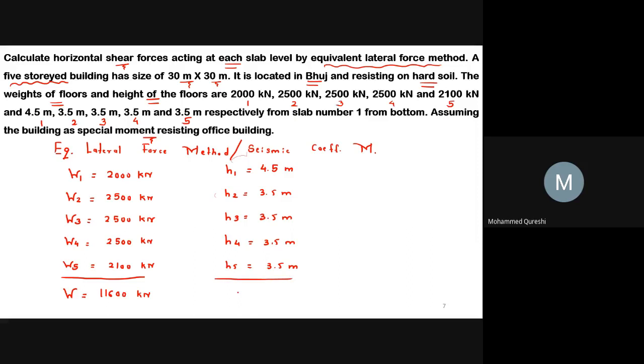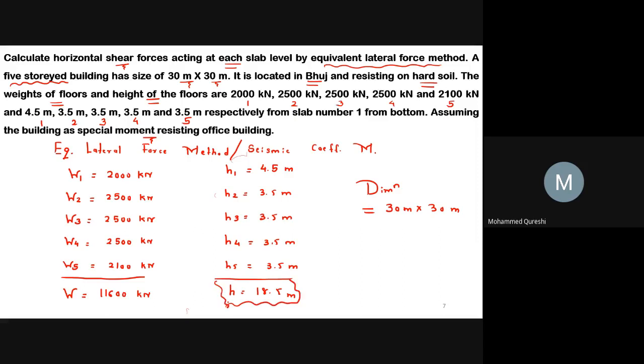So here we will get the total height of the building as 18.5 meter, and the dimension of the building is given as 30 meter into 30 meter. So here we get the value of H, the height of the building, as 18.5 meter.